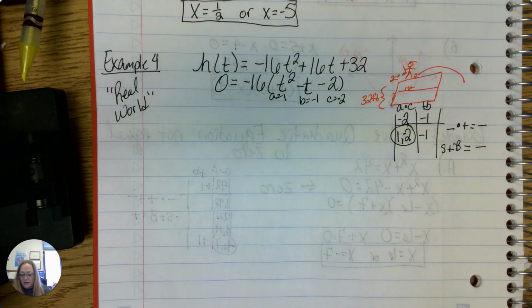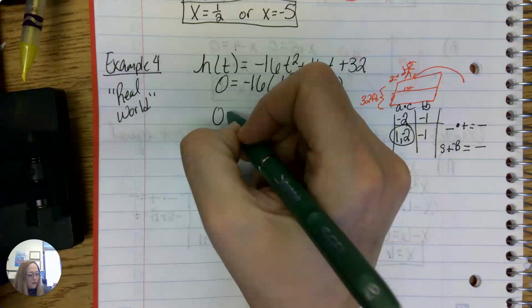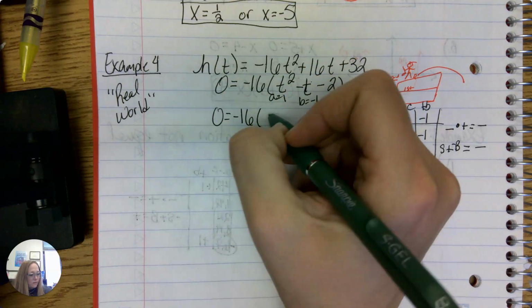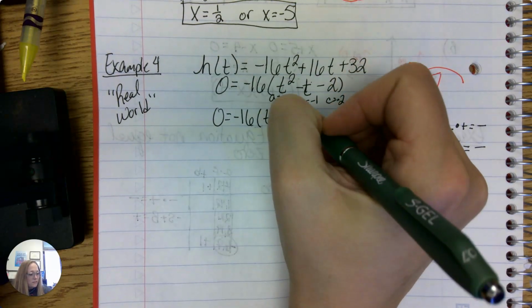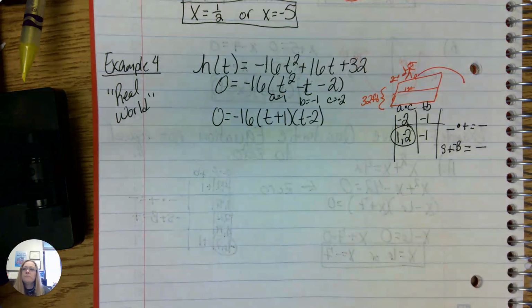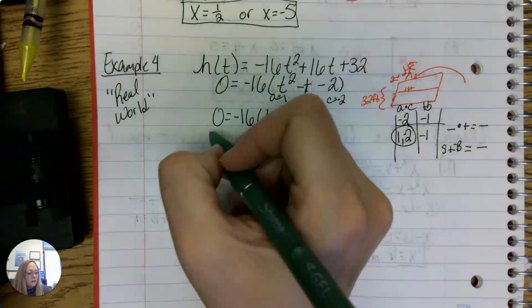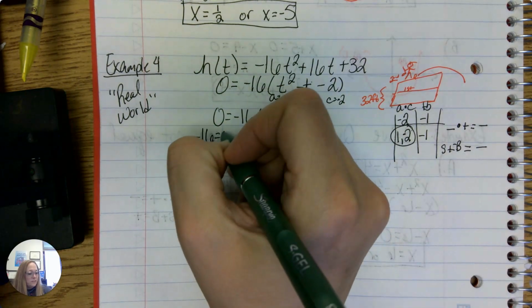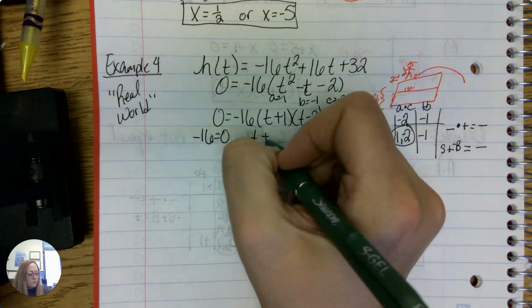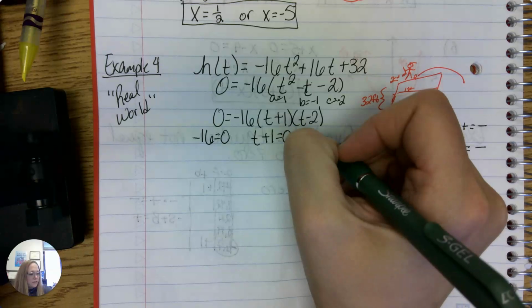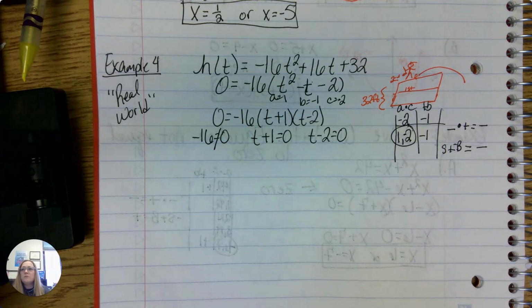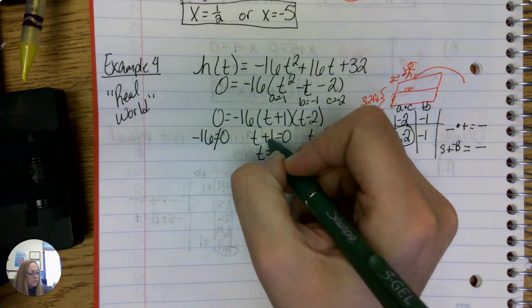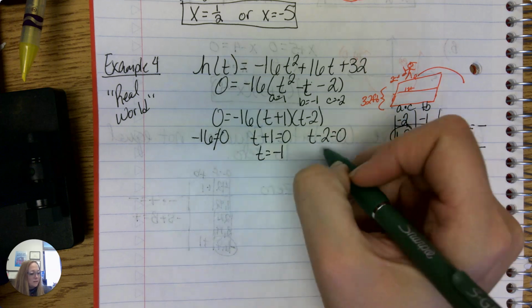Okay. Now that my negative 16 is factored out, I'm left with t plus 1 and t minus 2. When I zero those, negative 16 equals 0, t plus 1 equals 0, and t minus 2 equals 0. Now we know negative 16 is not equal to 0, so I'm done with that. I don't need that. When I subtract 1 from both sides, I get negative 1.